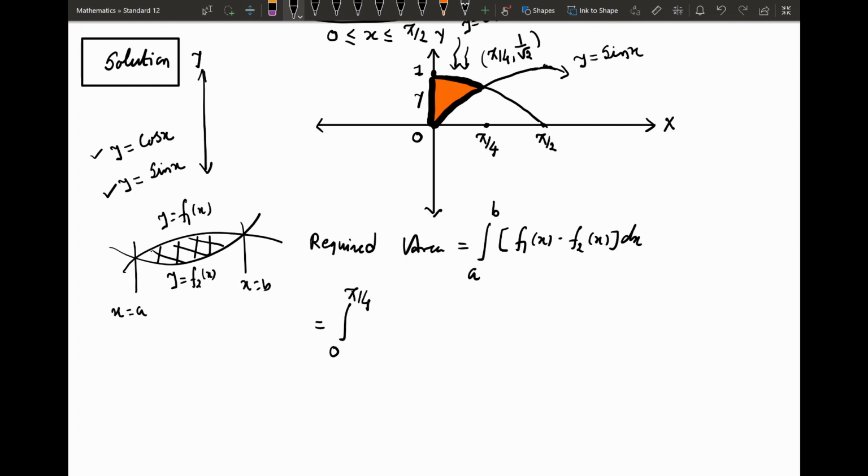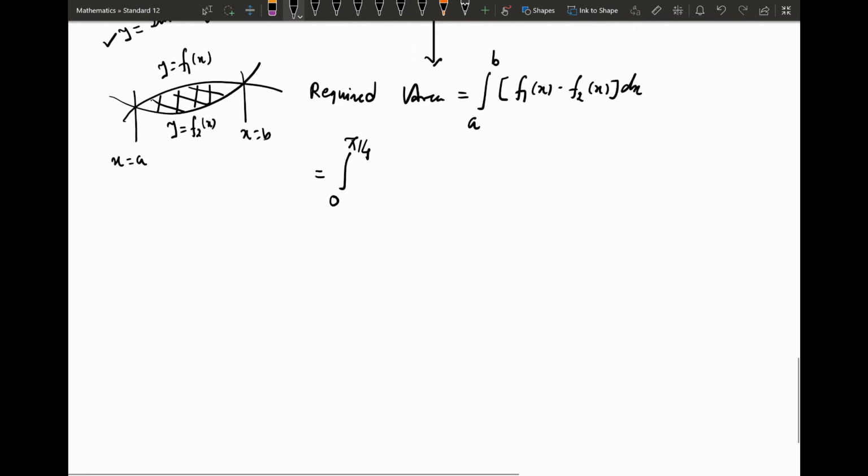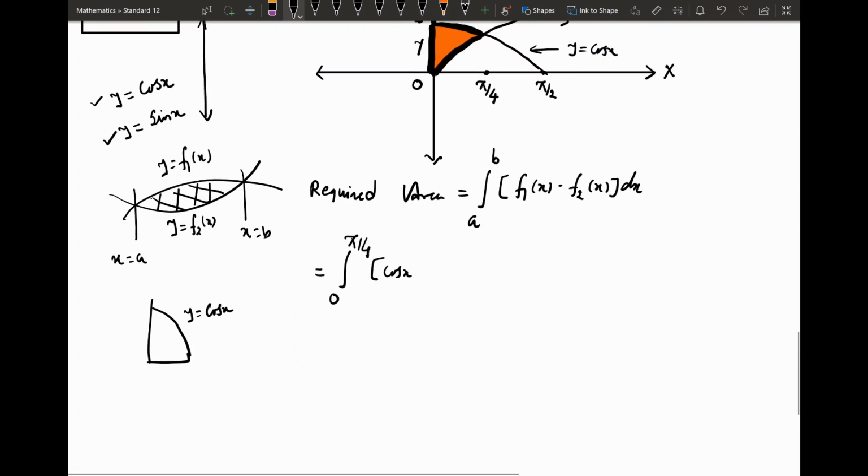Upper curve, this curve, it is y equal to cos x. So cos x. So when we use this curve, we will get entire area under y equal to cos x, and when we subtract second curve, this will be f2x, which is sin x, y equal to sin x dx.